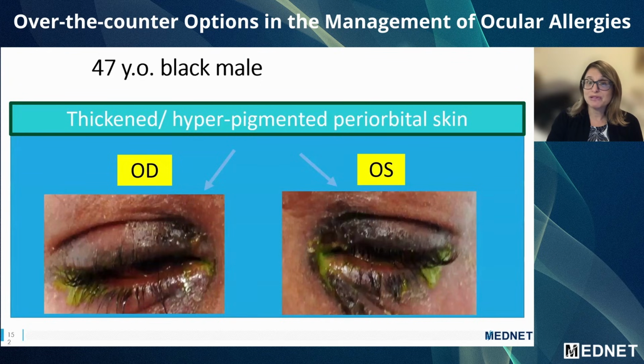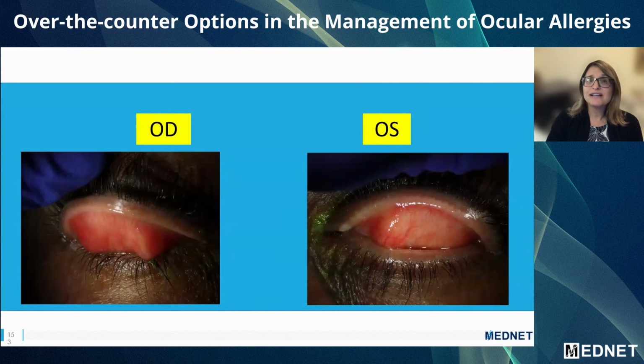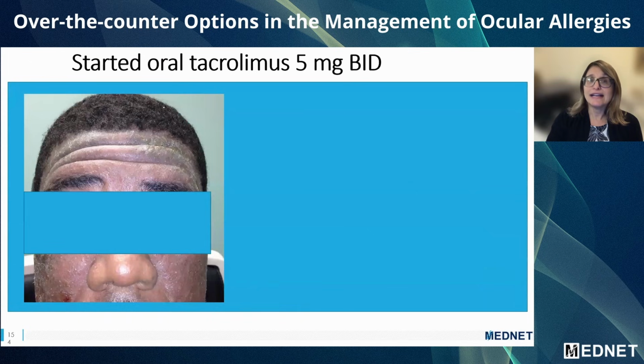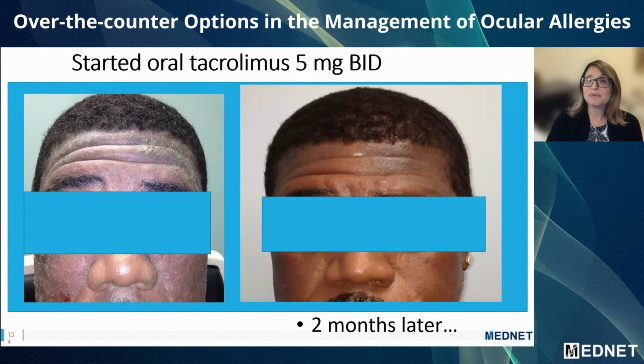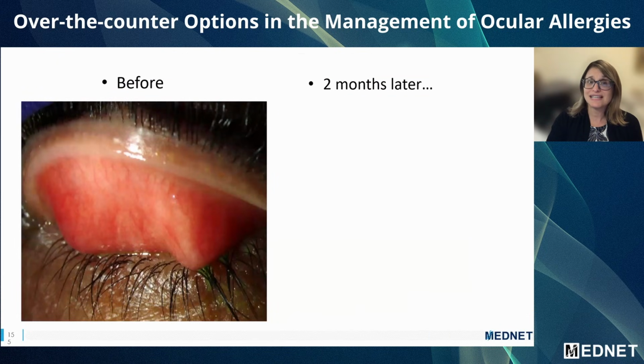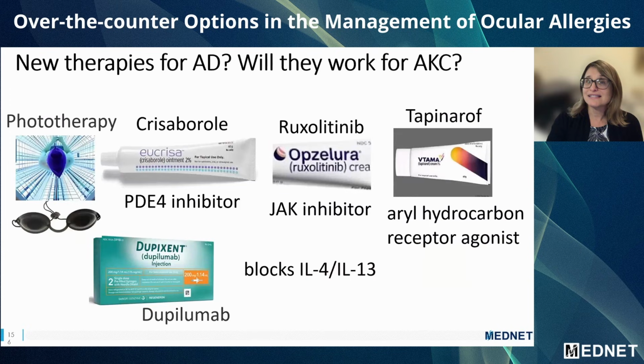And this is just one example of my patients who had really, really severe AKC and atopic dermatitis. And he had been off and on steroids his entire life. And we started oral tacrolimus with really remarkable results. And you can see his skin and his eyelids look so much better. But these are older cases, and there's an evolving group of therapies for atopic dermatitis.